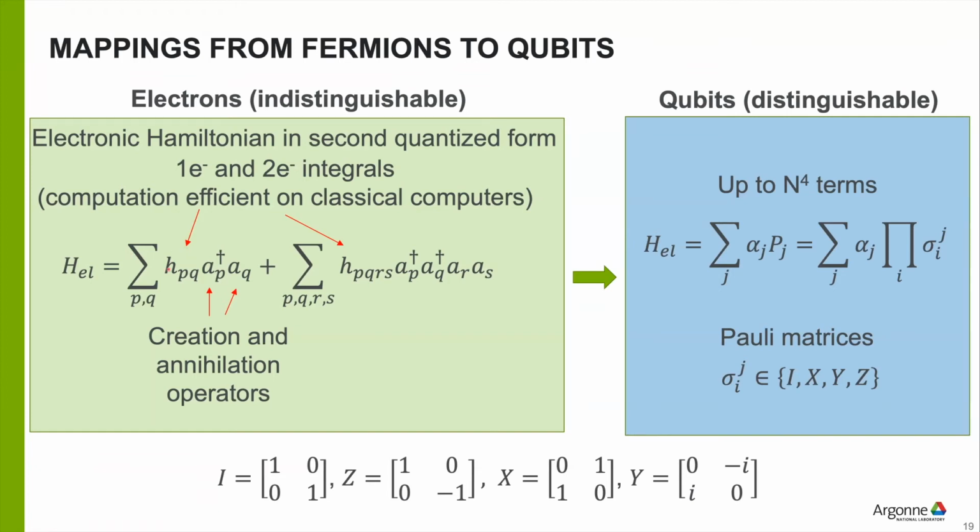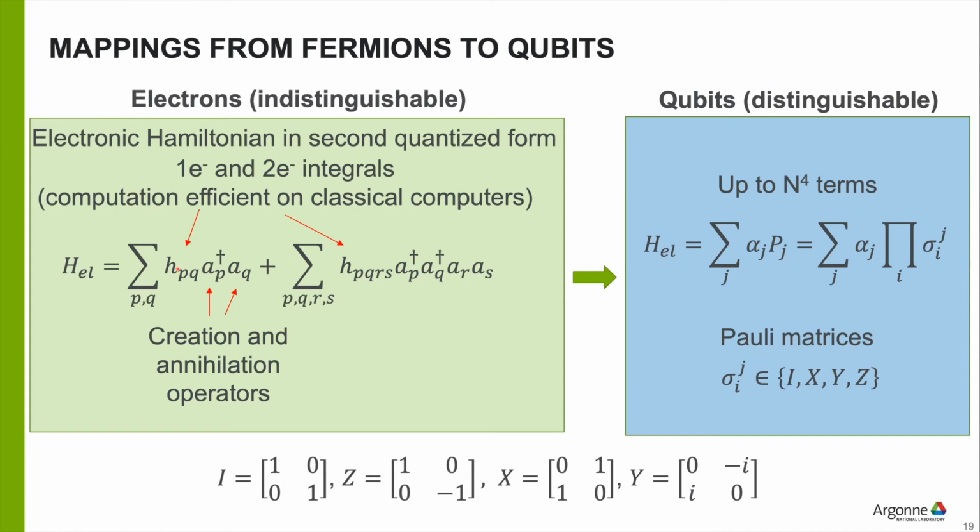And these are one and two electron integrals that you compute on a classical computer. When you do the Jordan-Wigner mapping or any other mapping, you end up with this linear combination of Pauli matrices with these coefficients, where these alphas depend on the one and two electron integrals.